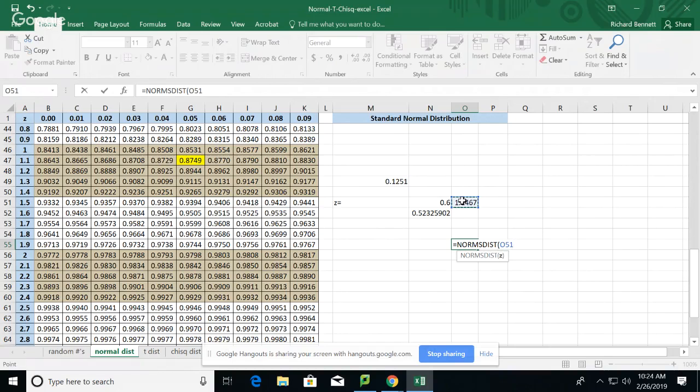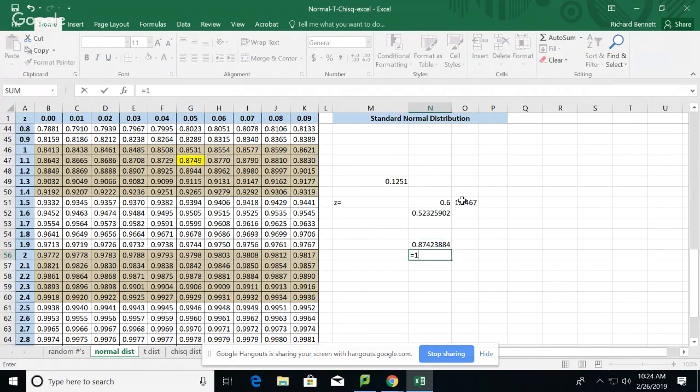It always tells you the area to the left. Do I want the area to the left? I want the area to the right. So if I do this, it's going to give me 0.8742. Actually, if I move this over one, you'll see it's actually got more decimals.